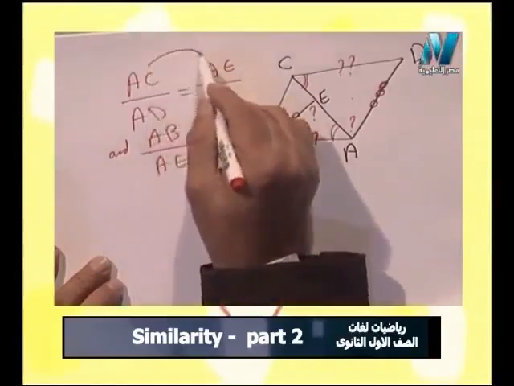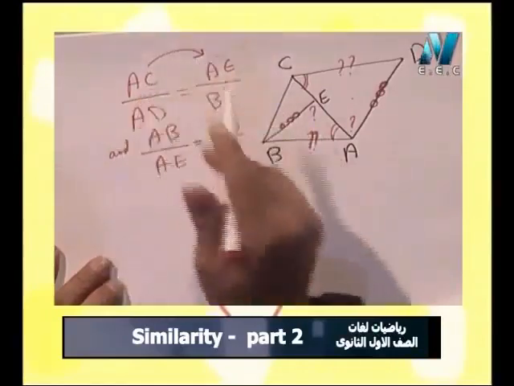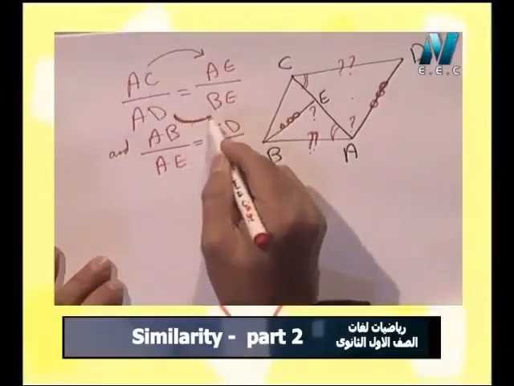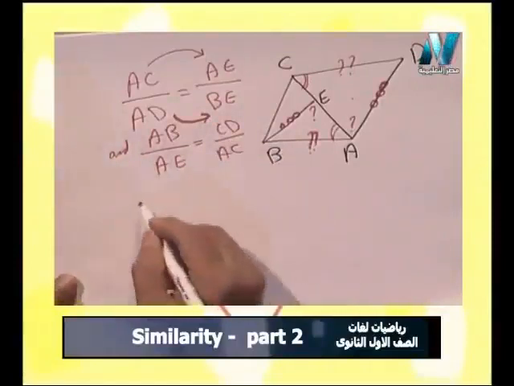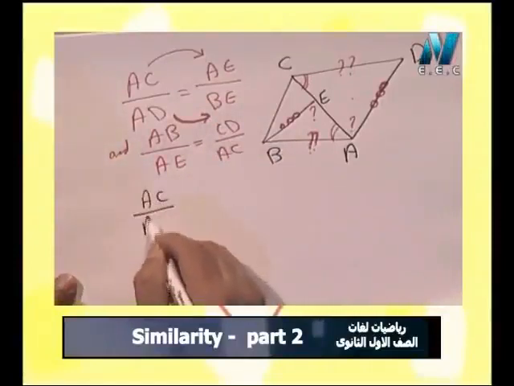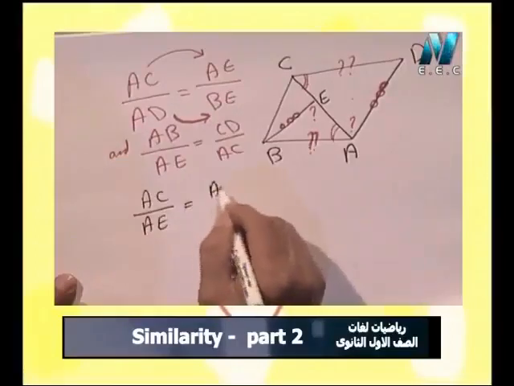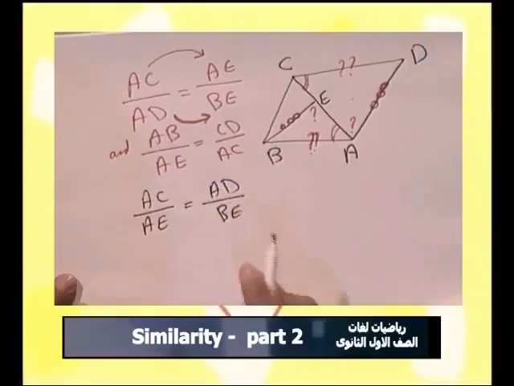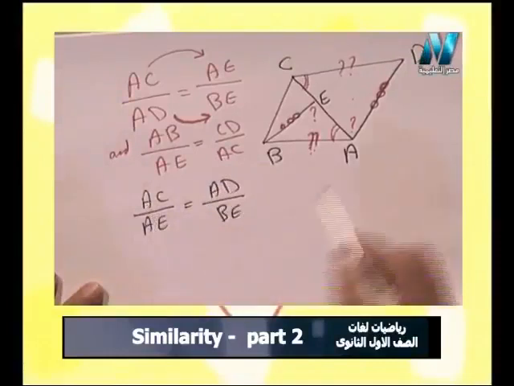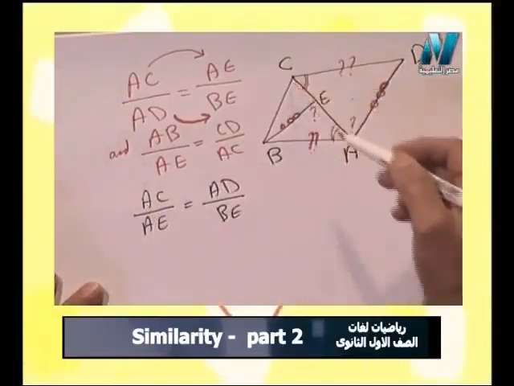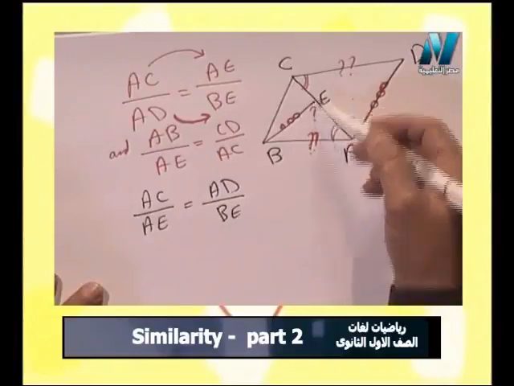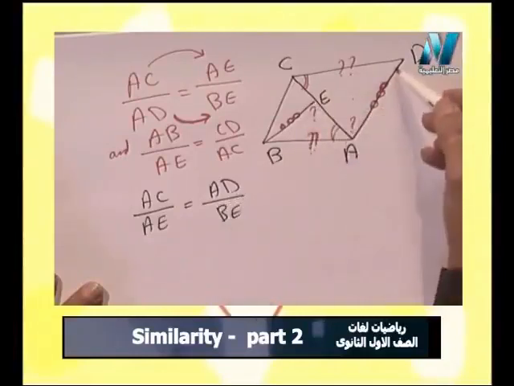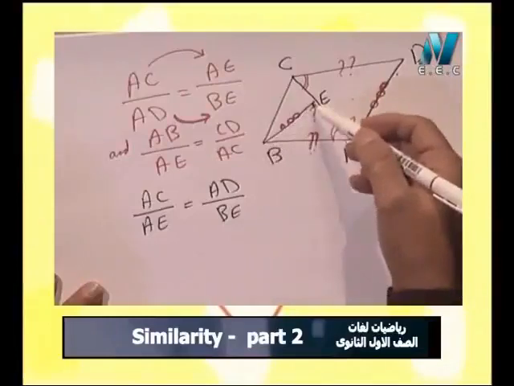We can put this ratio as AC over AE equals AD over BE. Look at them: AC over AE, AC over AE. Yes, we transferred from one triangle to another, equals AD over BE, the other triangle.